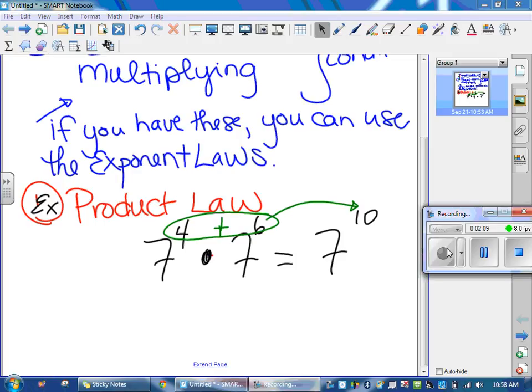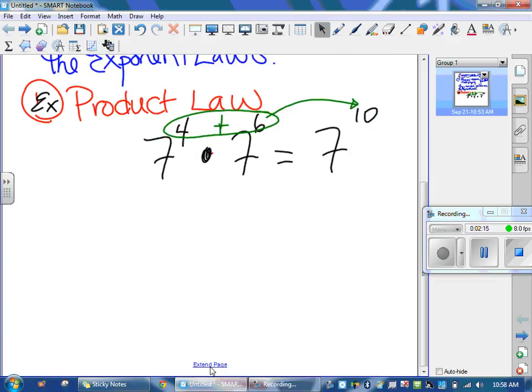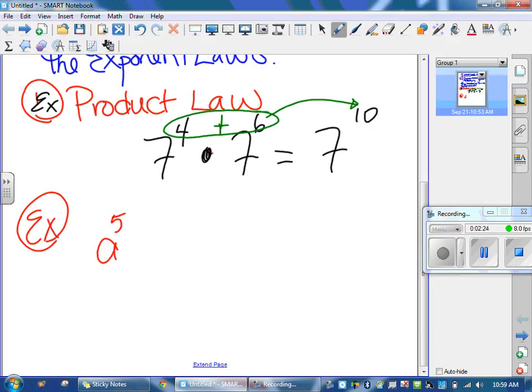You could have bases that are in brackets. If brackets are attached, touching each other, that means multiply. So, in that second example, it's going to give us a to the 5th times a to the 7th. Because those brackets are sitting side by side, they do mean multiply.